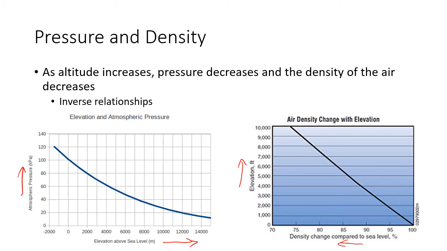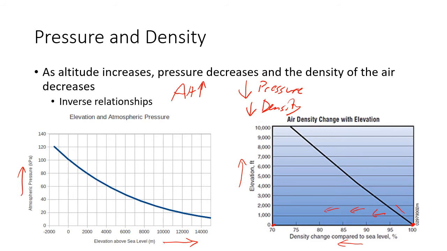This is showing 100% air density at sea level at 0, and then as you increase in altitude, density gets less and less and less. So there's an inverse relationship with both of these. As altitude increases, we have decreasing pressure and decreasing density. And this should make sense to you.